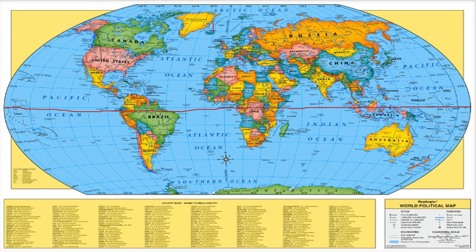This is the northern hemisphere, this is the southern hemisphere, then again we have this as the western hemisphere and this as the eastern hemisphere.